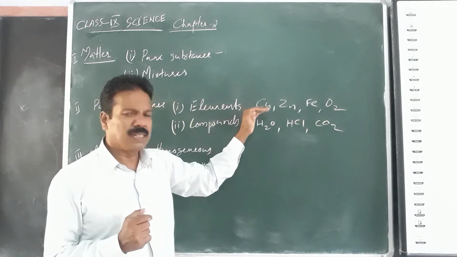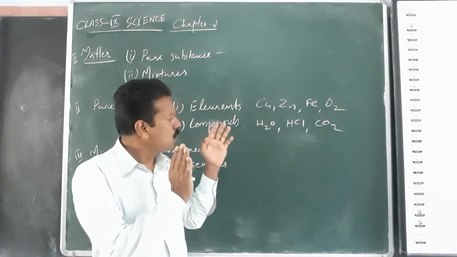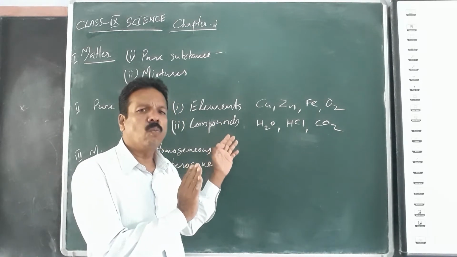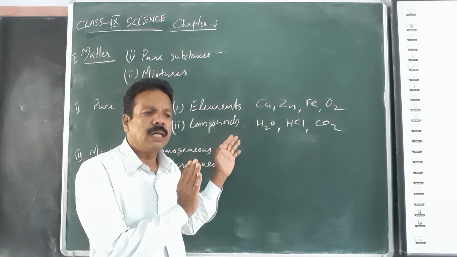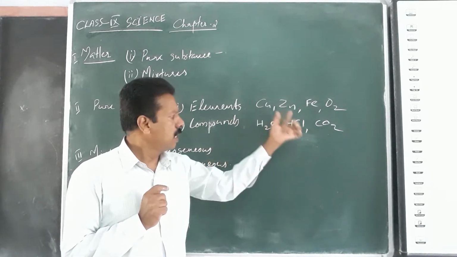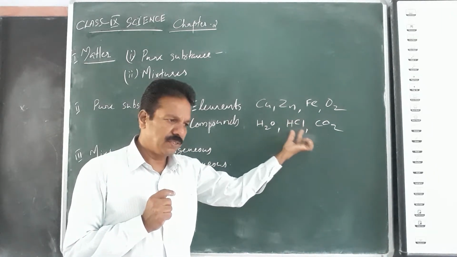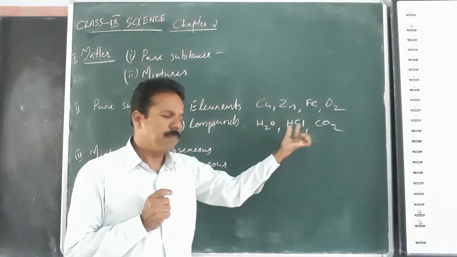What are elements? Elements contain only one type of particles, but compounds contain more than one type of element combined in a fixed proportion. Hydrogen chloride or hydrochloric acid is combined in the same proportion.